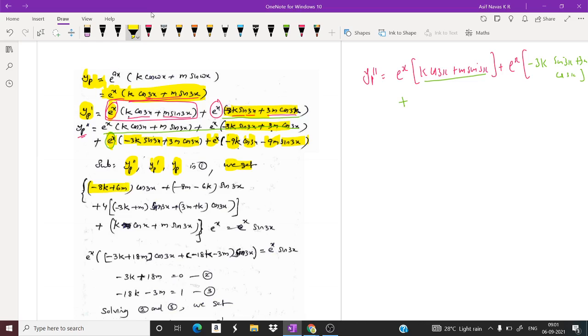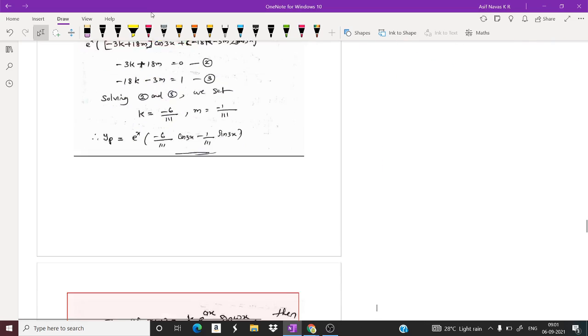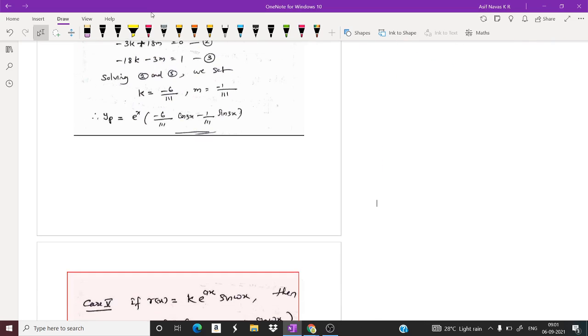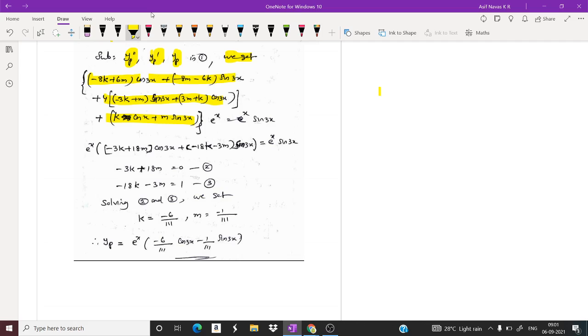If we substitute in the equation and equate the coefficients, then we can find k and m.